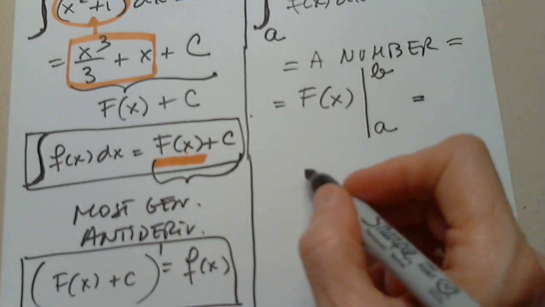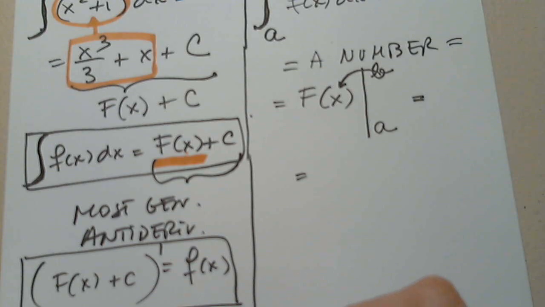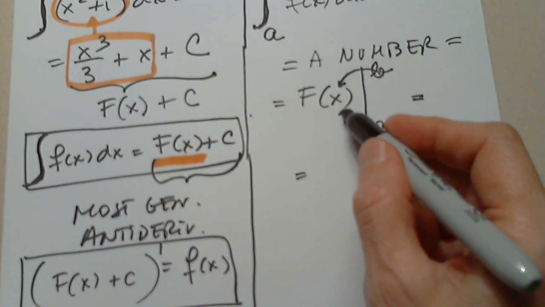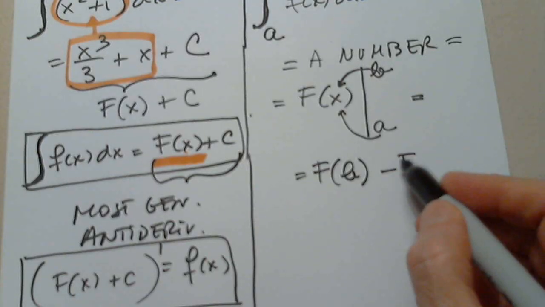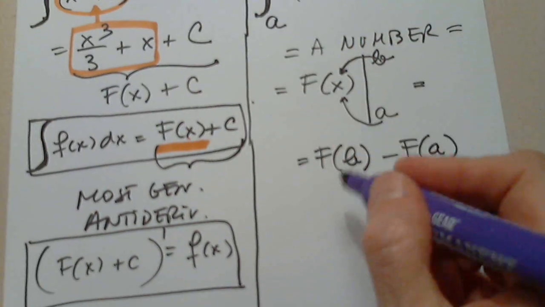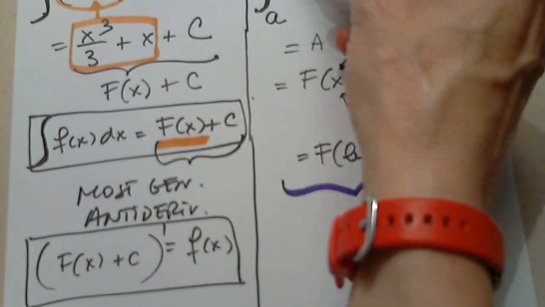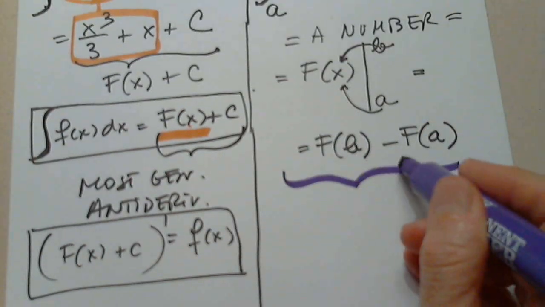This means that I have to plug in b and then subtract when I plug in a. So F of the upper limit minus F of the lower limit. What does this mean? I'll explain in a minute, but I just want you to know that the definite integral from a to b of f of x dx equals F of b minus F of a.